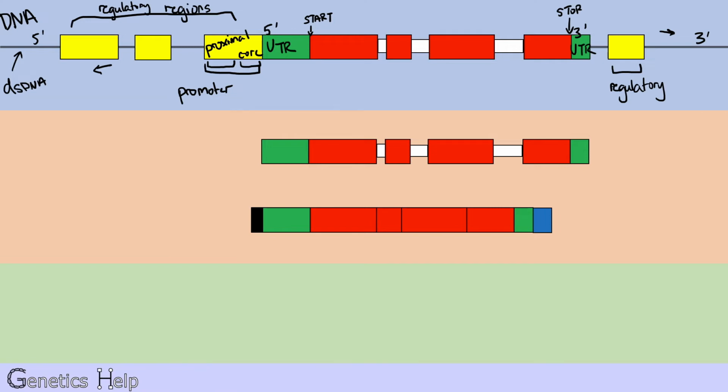Okay, so that leads us to these big red boxes here. These red boxes are referring to exons. Exons are regions that actually lead to protein coding regions. I always think of exons as expressed, whereas introns, which are these white regions, are spliced out.